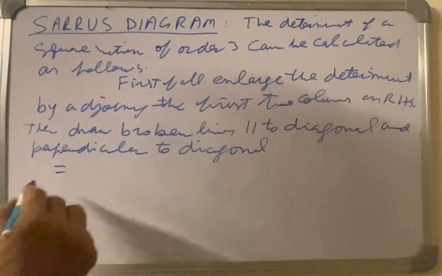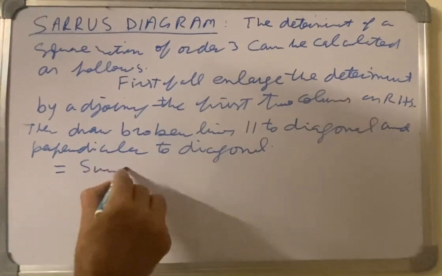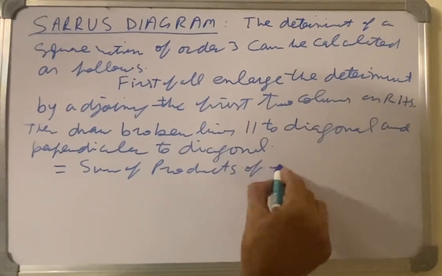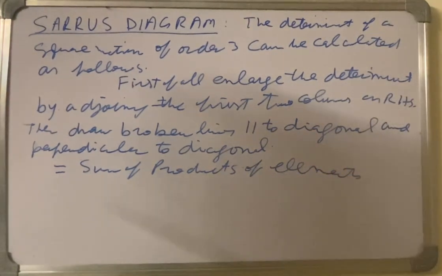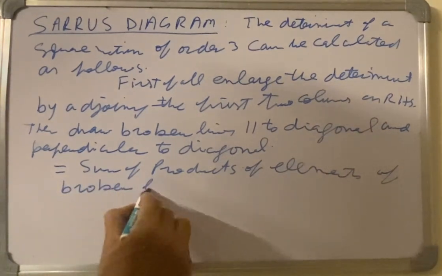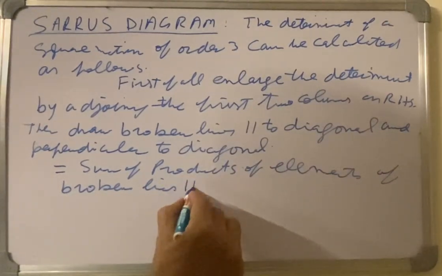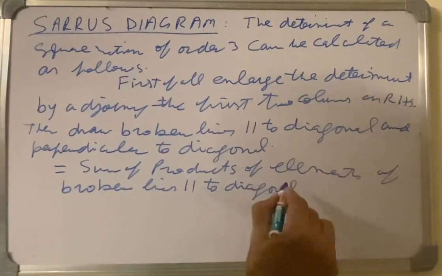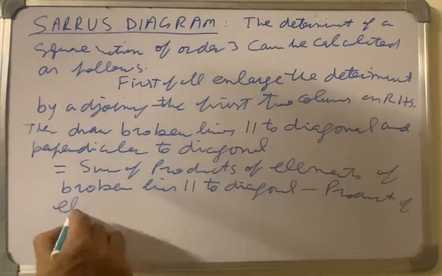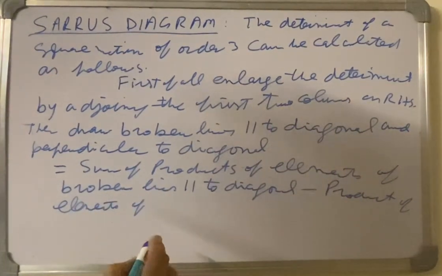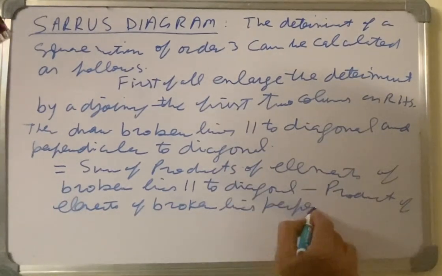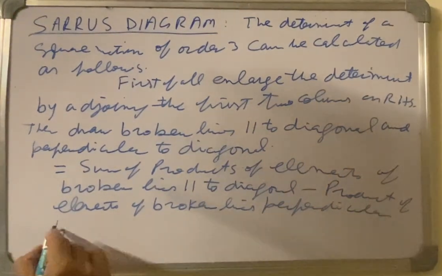Then we take sum of products of elements of broken lines parallel to diagonal minus product of elements of broken lines perpendicular to diagonal.